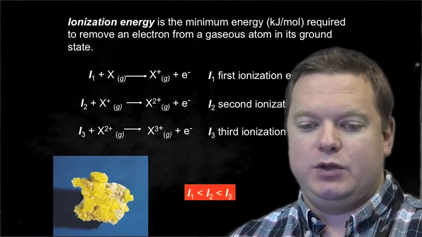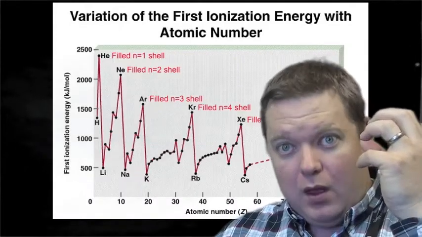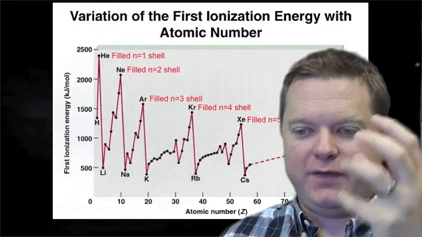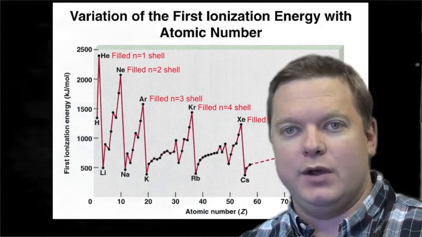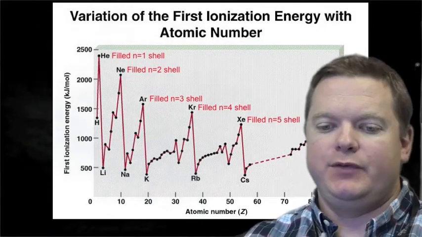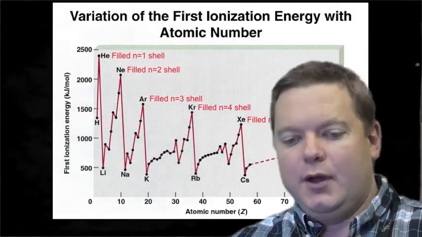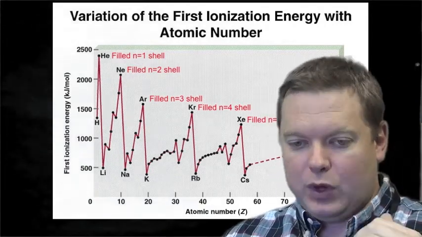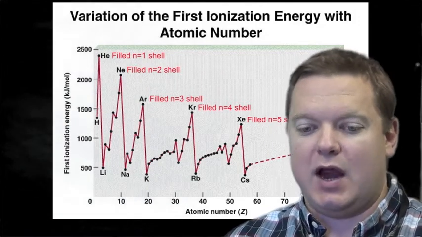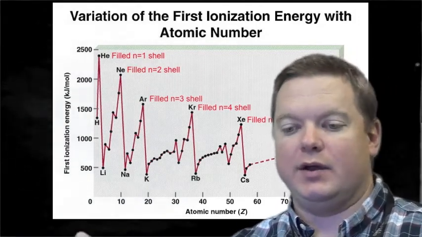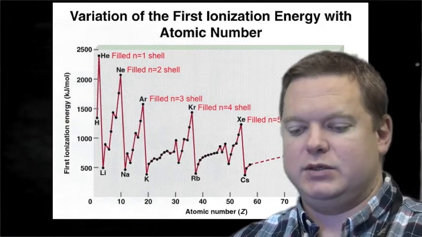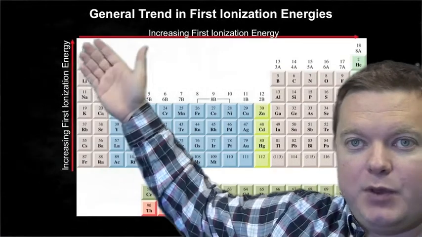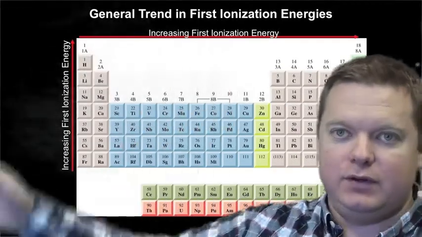It's going to be the highest where we have the largest Z effective, and the lowest where we have the smallest Z effective. So if we go from this filled noble gas core, we see in general that as we go down the periodic table, we get a decrease in the first ionization energy. As we go across the periodic table, we see a general increase. So the general trend for first ionization is that it increases up the periodic table, and from left to right.